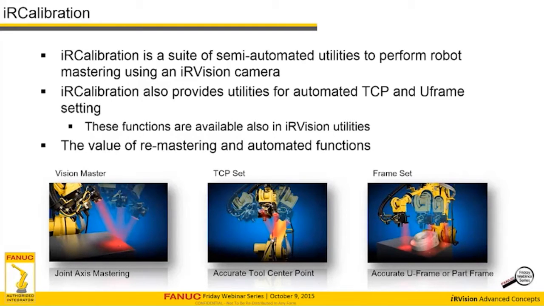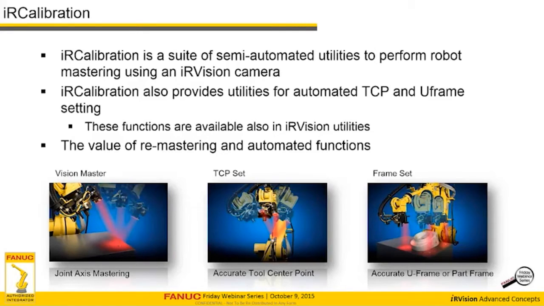The automated process of vision mastering, and I've only pointed out a few of these IR Calibration routines, automatically uses a target grid to master J2, 3, 4, and 5, and uses the iRVision camera to provide that mastering function. The results are, in many cases, significant. We do see improvements in the precision and also in the accuracy of robot pick and place using iRVision when we use precision mastering and remastering through the IR Calibration suite.